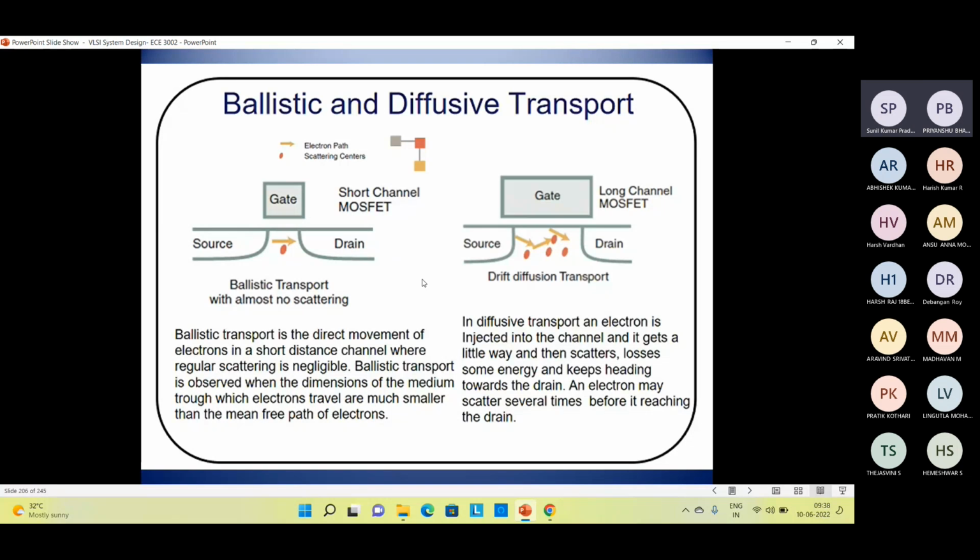Whereas in long channel devices, that means long channel MOSFETs, where our channel length is very, very much greater than the mean free path of electron, the transport behavior is diffusion transport. Okay, so diffusion transport is taken into consideration.